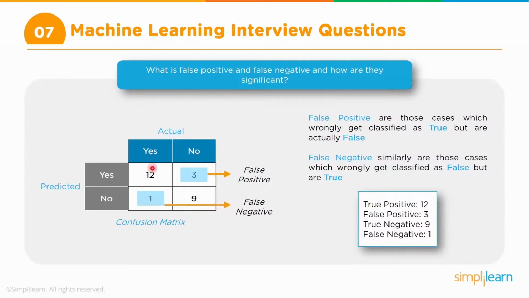Same way, there can be true positive and true negative as well. So again, positive, the second term, you will need to use to identify the predicted row, right? So if we say true positive, we need to take the predicted part. So predicted positive is here. Okay, and then the first term is for the actual. So true positive. So true in case of actual is yes, right?